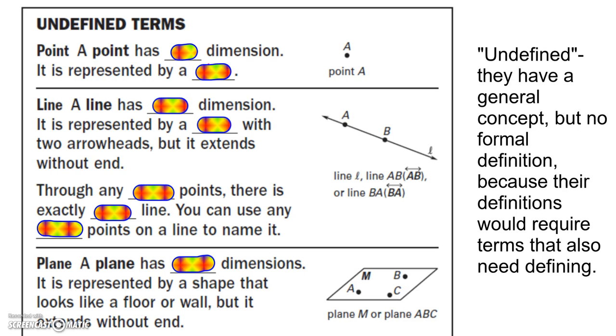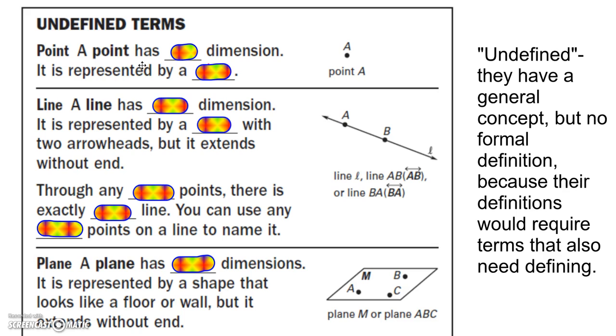All right, we're looking first at what we call undefined terms. Sounds confusing, how can you have a term that's undefined? What we mean by that is you've got a general concept. There's a premise behind it, but there's no formal definition, because the terms we use to define would require definitions and so forth, so you've got to have a starting point.